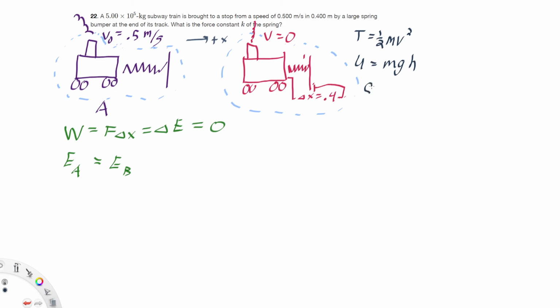And we also know about spring potential energy, 1/2 k delta x squared. So yeah, on the purple picture, the train is moving, so it has kinetic energy, but that's it. And at situation B, it's not moving, but we do have a squished spring.